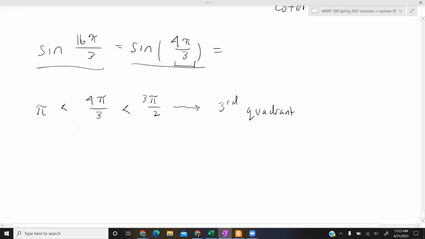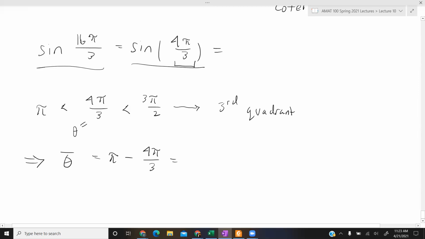And so if this is theta, then theta bar is going to be pi minus 4 pi over 3, which is the same thing as, sorry, no, this is not right.